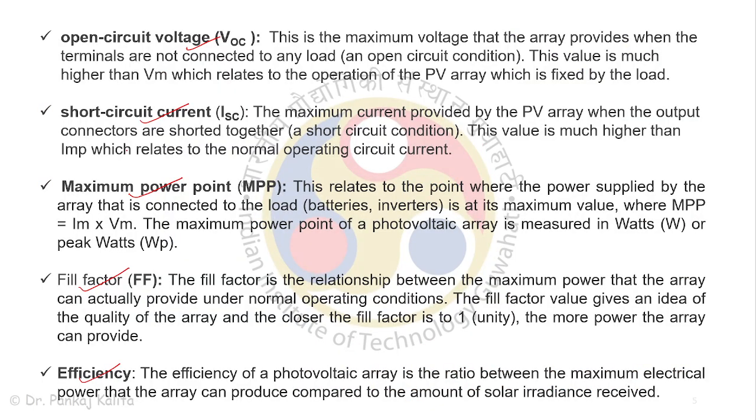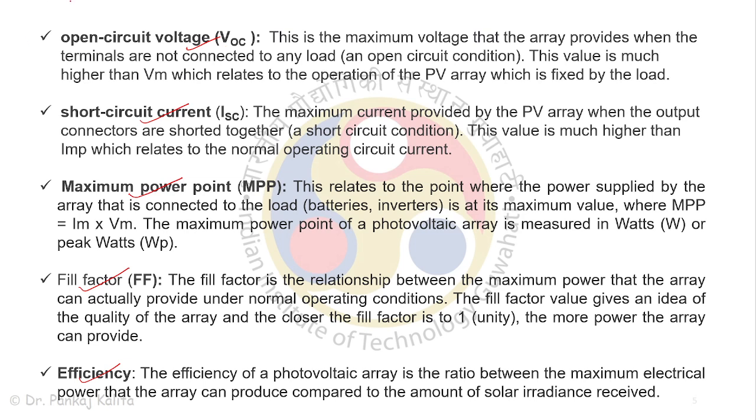What are these terms? As already explained, open circuit voltage is the maximum voltage that the array can provide when the terminals are not connected to any load. We are talking about open circuit, right? This value is much higher than the Vm, which relates to the operation of the PV array when its load is applied.